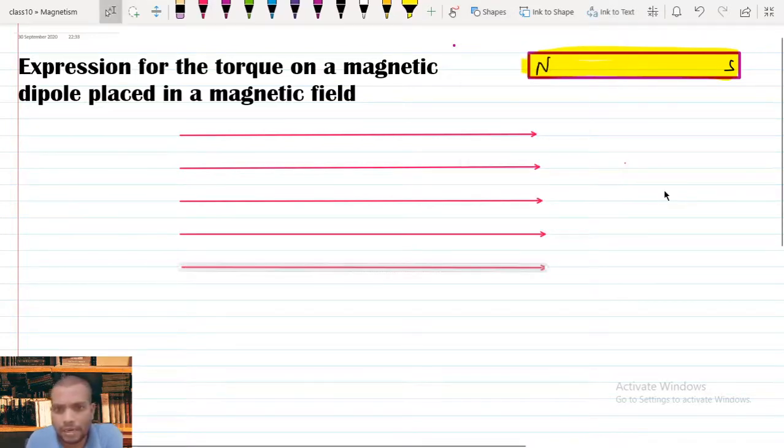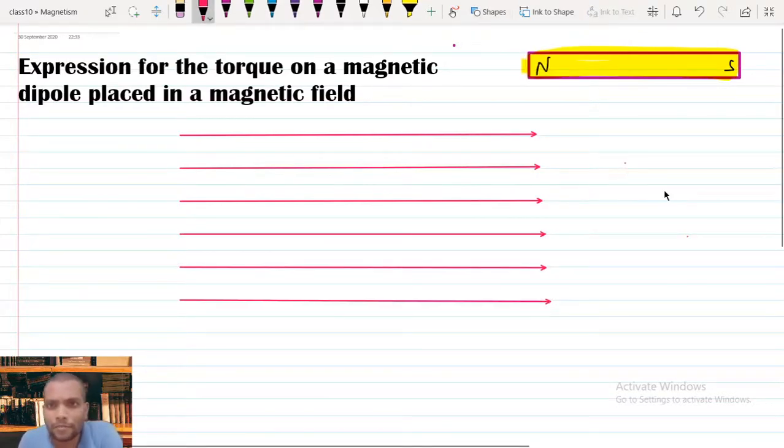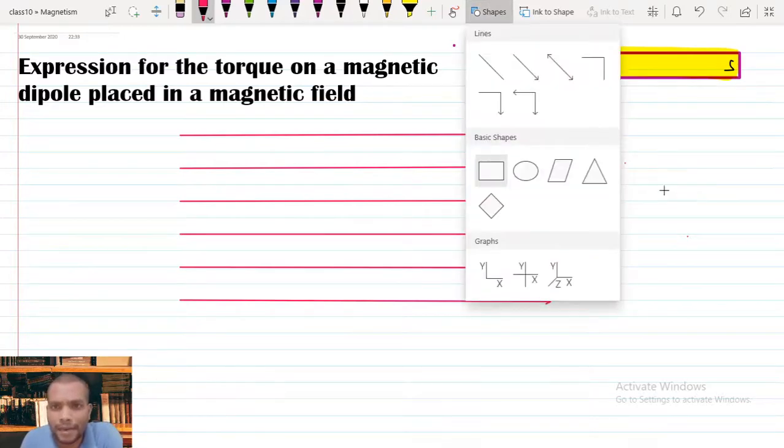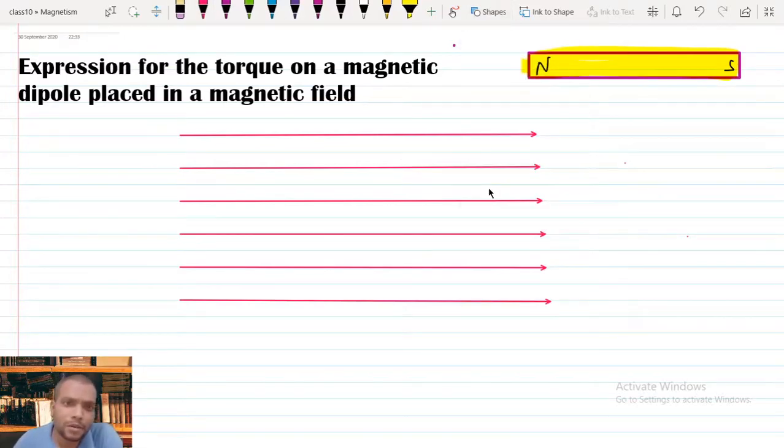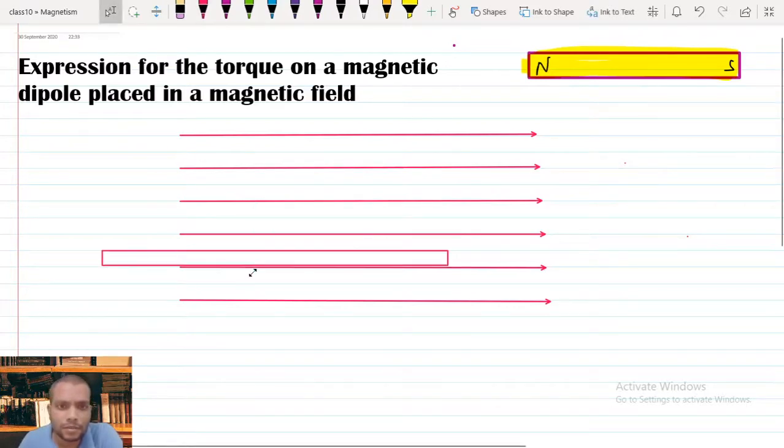Let me take one more line. In this uniform magnetic field, suppose I keep a bar magnet, so I will draw a small bar magnet.